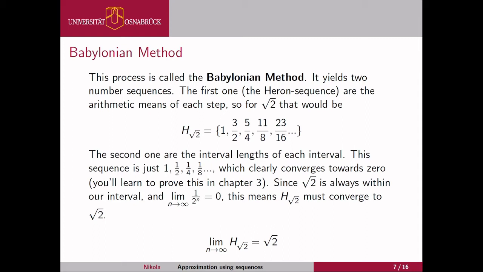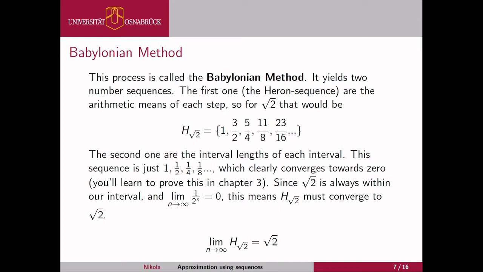If you've never heard this before, this might sound counterintuitive, since this sequence obviously never actually becomes 0. But this will be discussed in more detail in chapter 3. Infinity is sometimes a tricky concept. And so the point is, since our interval lengths converge to 0, our intervals converge to a singular number, right? Because an interval of length 0 is just one number.